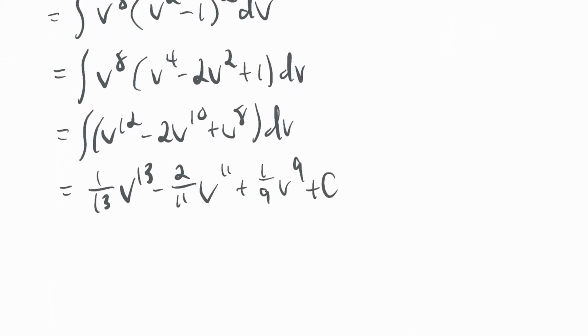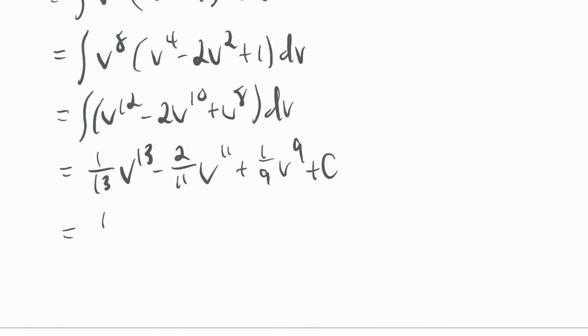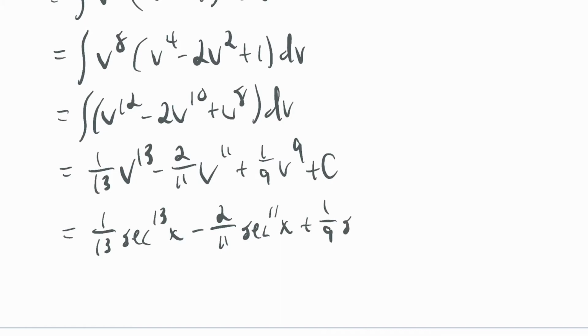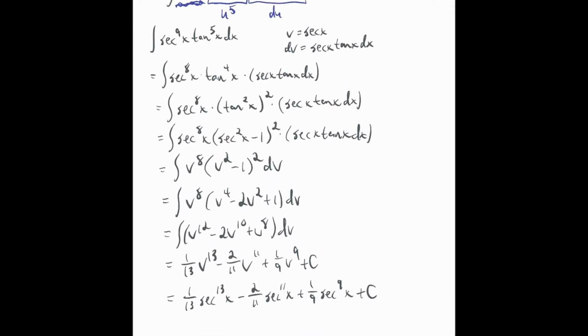And then I can plug secant back in. So 1 over 13 secant the 13th power of x minus 2 over 11 secant 11th power of x plus 1 over 9 secant the 9th power of x plus c. So that one's somewhat complicated, but it's a complicated problem that we started with. The integrand, rather, was complicated.